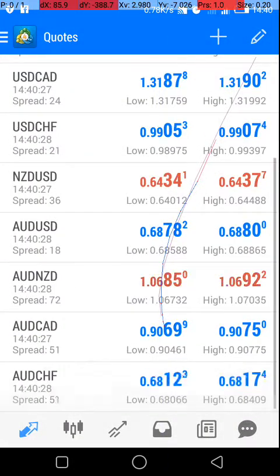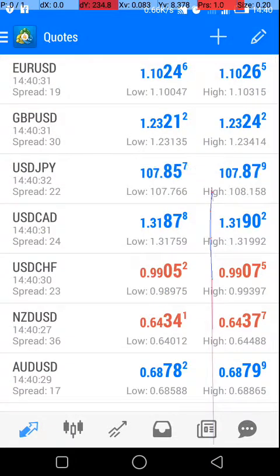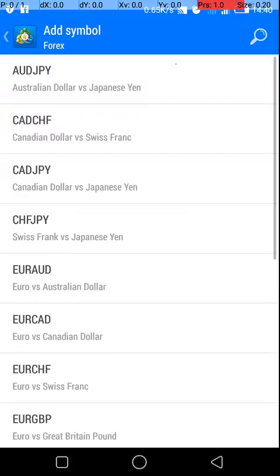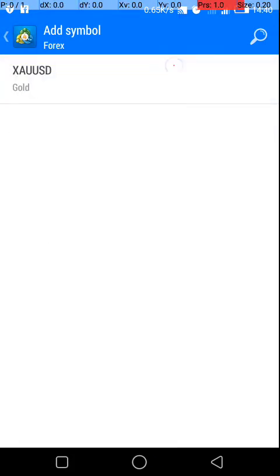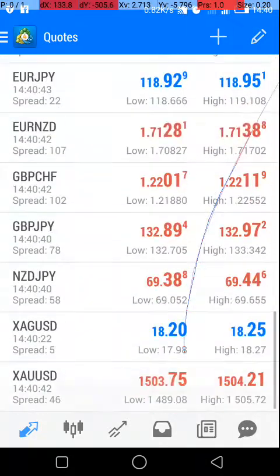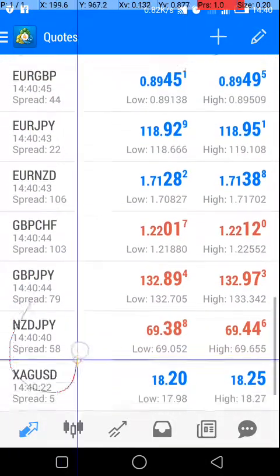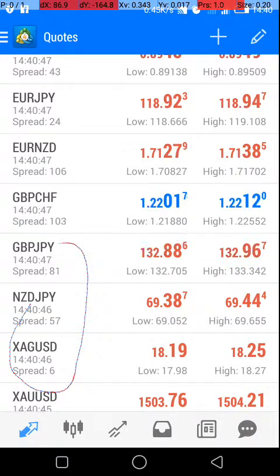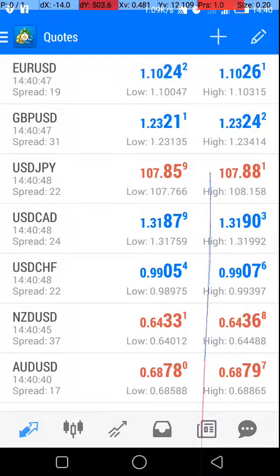Now, in case any currency pair is not in the list, you can add it by tapping this cross sign. Then go ahead and tap each currency pair that you want to appear in the list. Then you go back. As you can see, we have more currency pairs here we can start trading with.